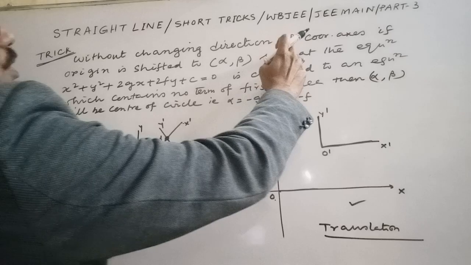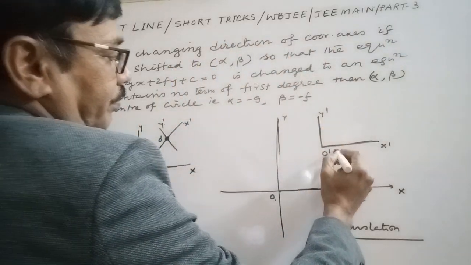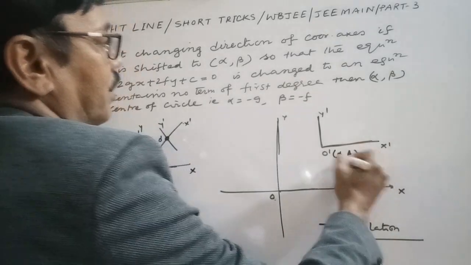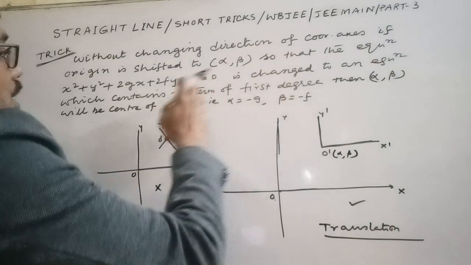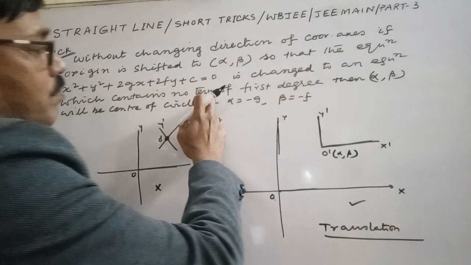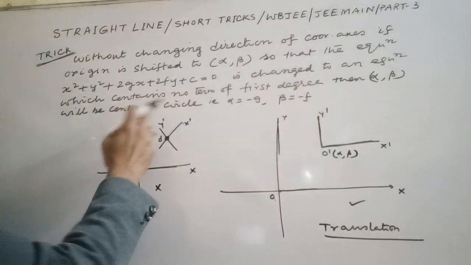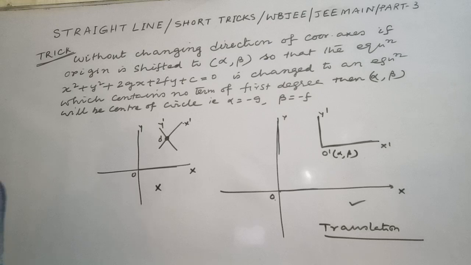So by translation, if origin is shifted to alpha beta, and this equation is changed into an equation which contains no term of first degree, then alpha beta equals center, alpha equals minus g, beta equals minus f.